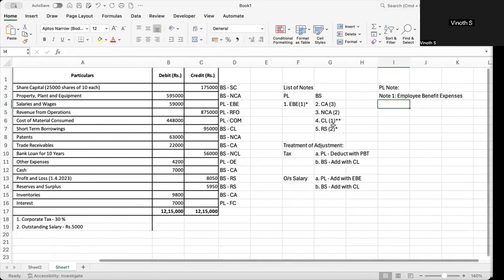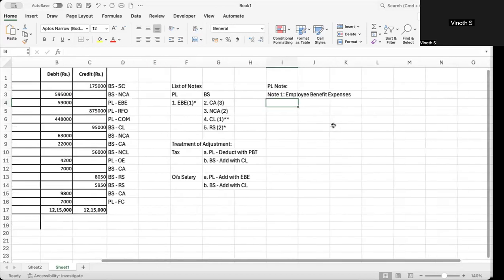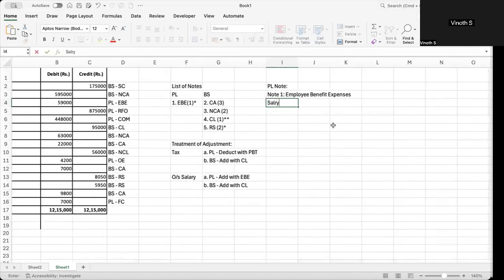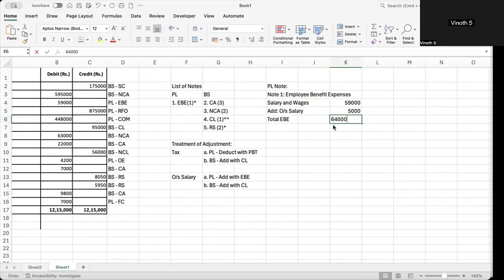How much is the salary and wages? 59,000. Along with this, we are adding outstanding salary. How much is the outstanding salary? 5,000. Therefore, total employee benefit expenses become 64,000. Now the note is completed.